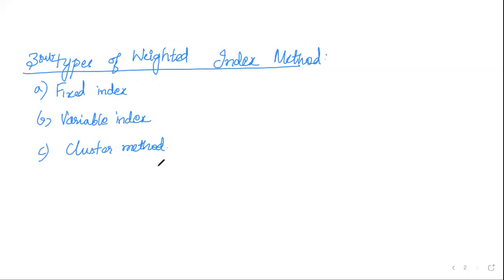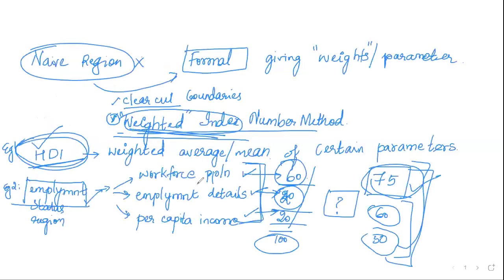First one is the fixed index method. Fixed index method is what I have discussed right now. That is your per capita income, unemployment. What is the other one that I've taken? Workforce population, employment, per capita income. ഇതൊക്കെ വെച്ചിട്ട് if I'm taking the average of all of this, let's say that I'm getting 75 for Kottayam.